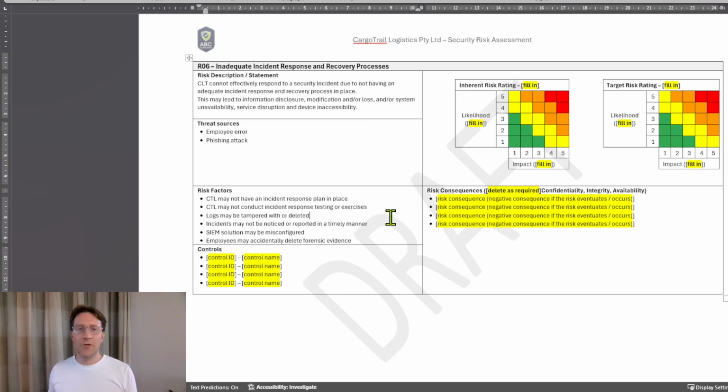We also may have logs that have been tampered with. So when users do things, when systems do things, when events happen with laptops and servers and various platforms, you'd normally log certain things. You have a record of what happened. So you know this user did this certain thing at this certain time.